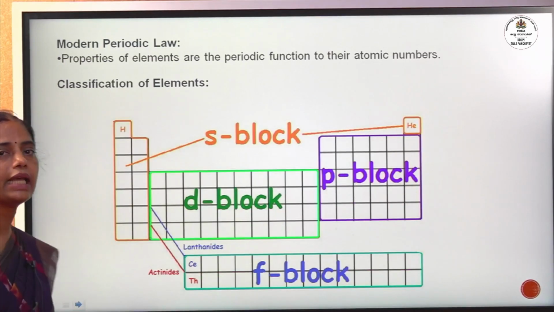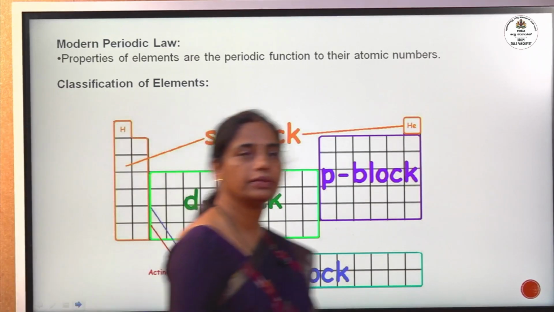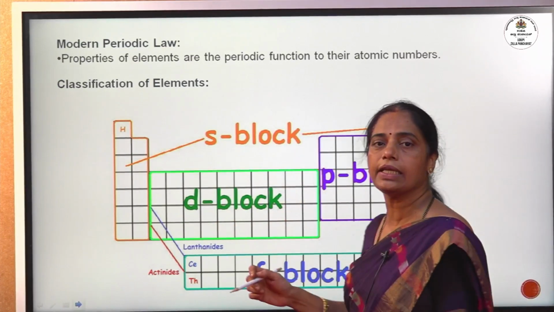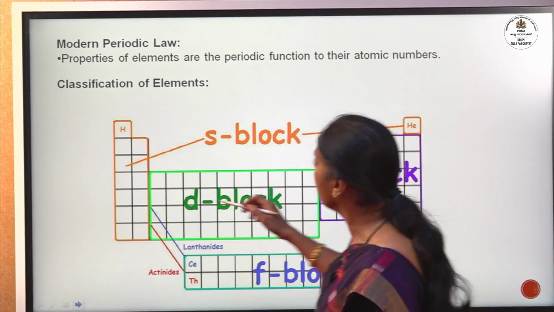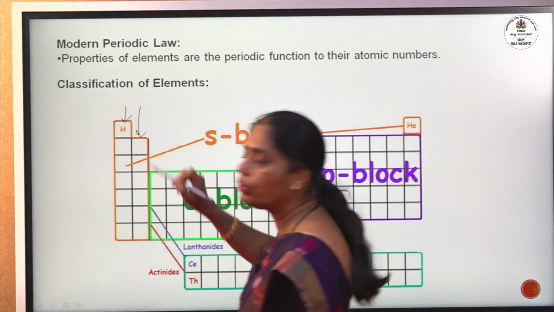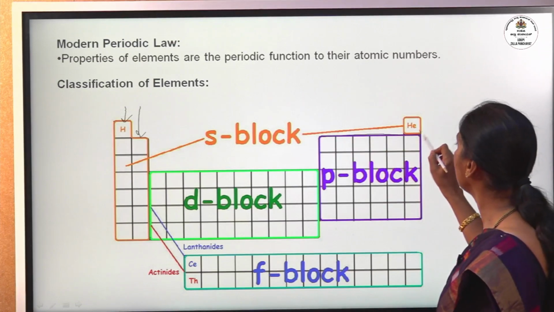Elements are classified into different blocks depending upon the presence of the differentiating electron in different orbitals. So in the s block we have the last electron in the s orbital. In the p block we have the last electron in the p orbital.